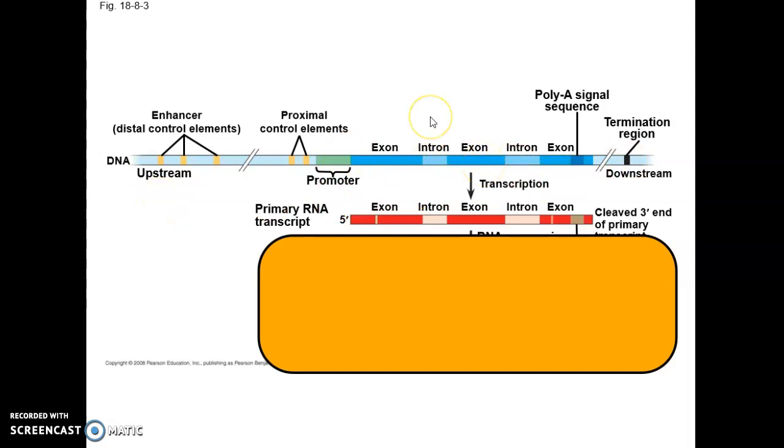And like the operon, we're going to see that something attaches to these control elements that's going to make the polymerase attach to the promoter and move down the gene, turning that particular gene on. So take a minute and just kind of review this figure. So what's a promoter? Where's the gene? And then what actually is a control element?